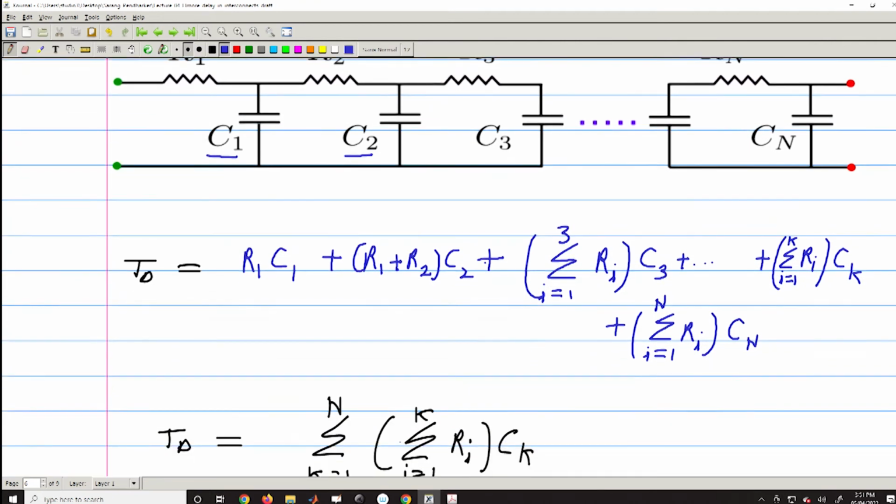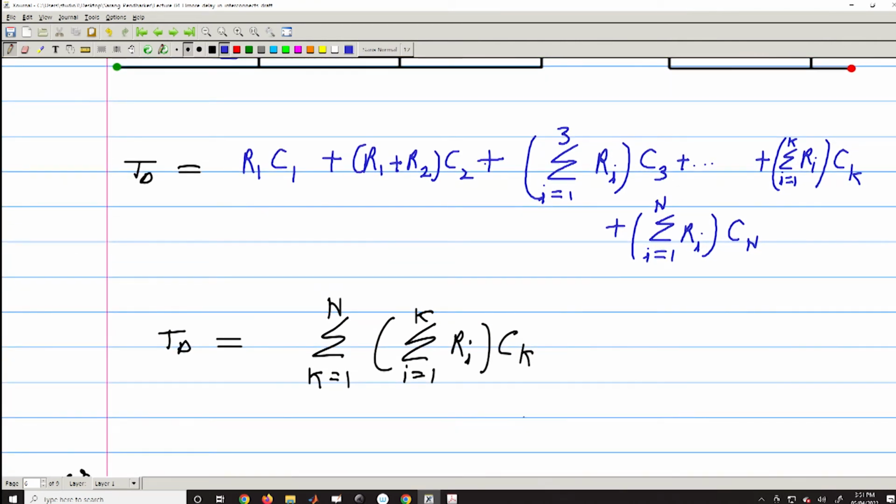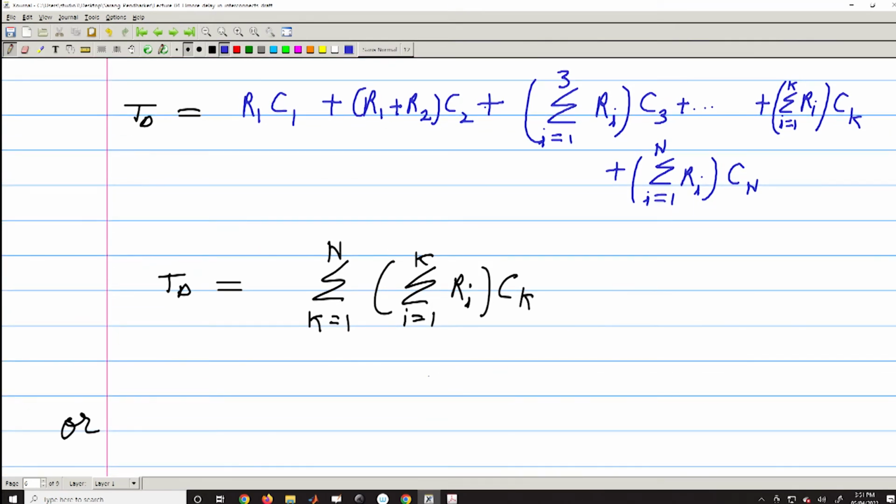So, I can write this as a summation of summations of this form. This is one way of writing it.